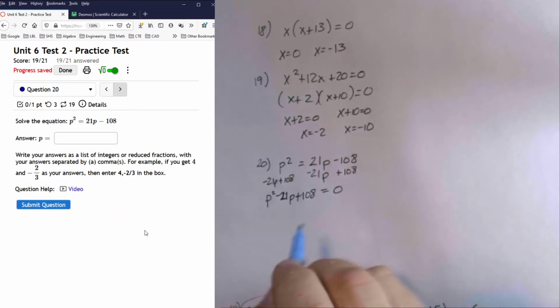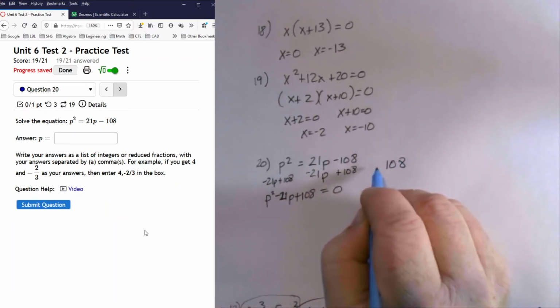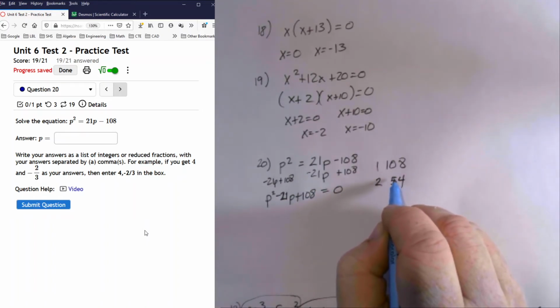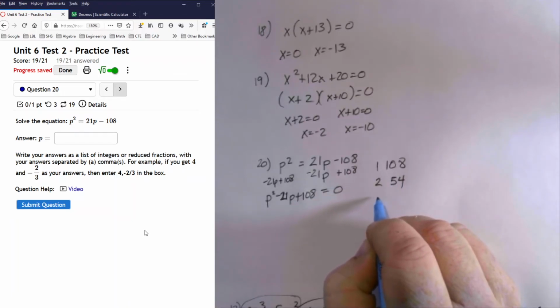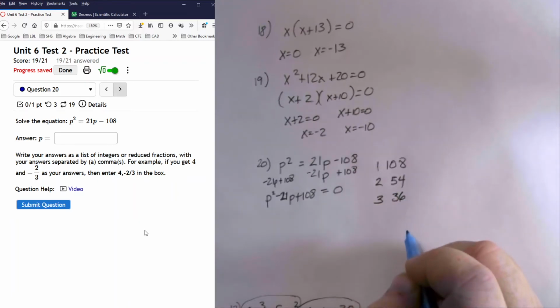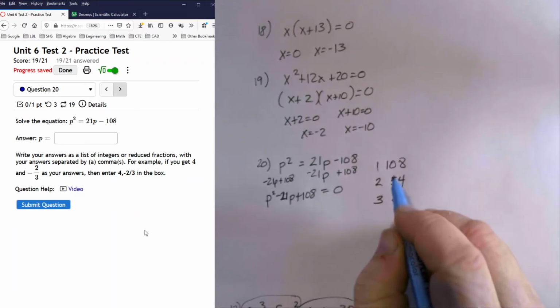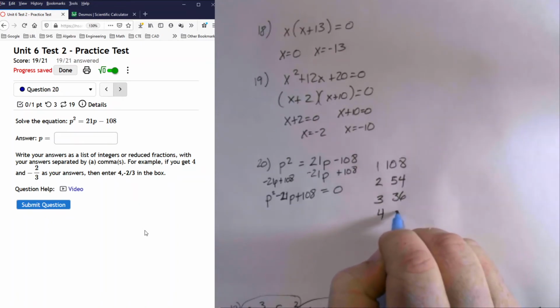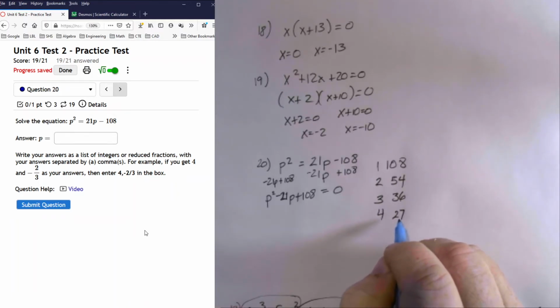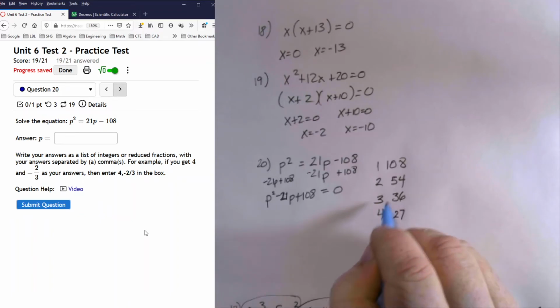Now, factors of 108, let's go through that. 1 and 108, 2 and 54. I think 3 goes into that. That's going to be 36, I believe. 3 and 36. 4 goes into that, 4 and 27. 5 doesn't. 6 goes into it.